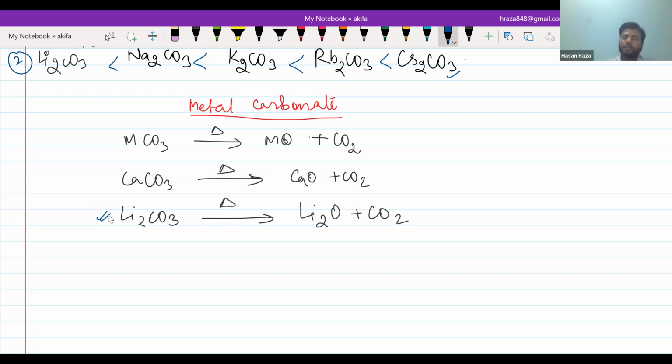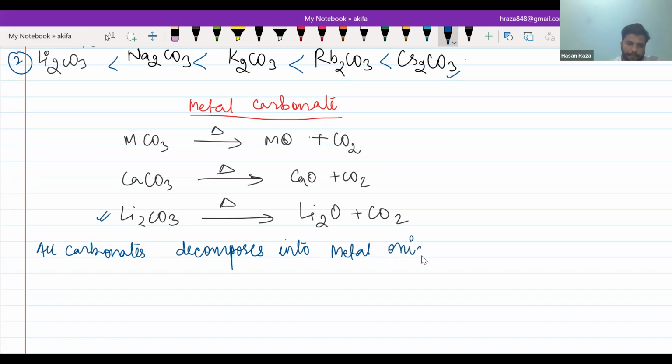If you give more and more heat, they will melt, but they won't decompose. So I'm going to write a conclusion. All carbonates decompose into metal oxide and carbon dioxide upon heating.